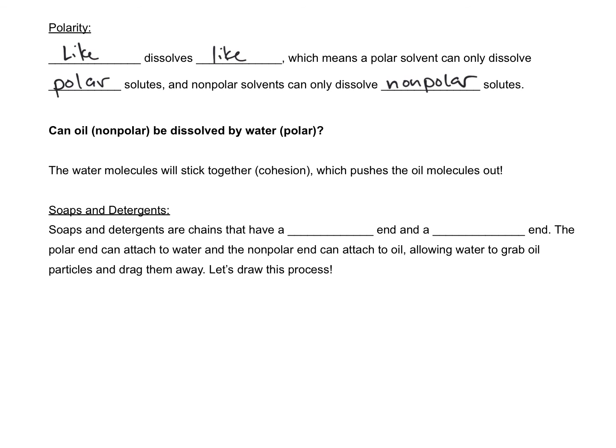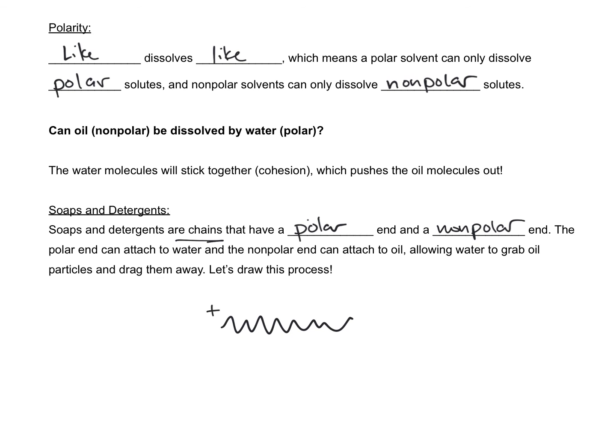That's where soaps and detergents come in. They are chains that have a polar end and a nonpolar end. So they're able to work with both polar and nonpolar molecules. So what happens is that your soap, which we kind of just draw as a weird squiggly line, that's not really correct, but just go with it.